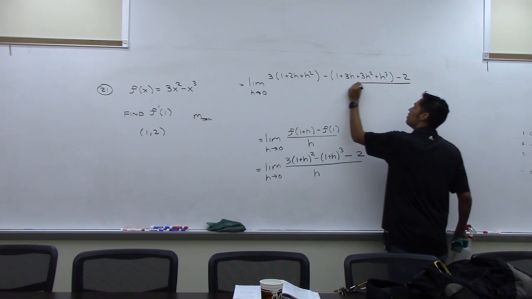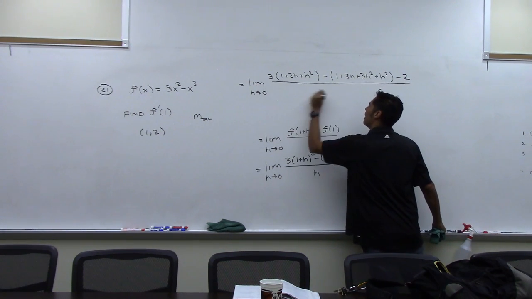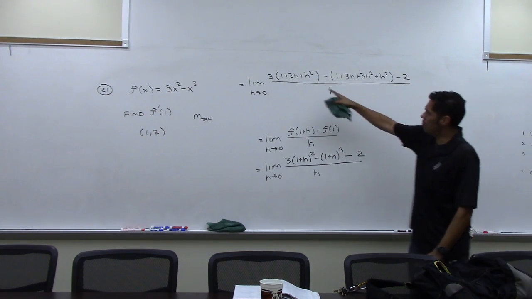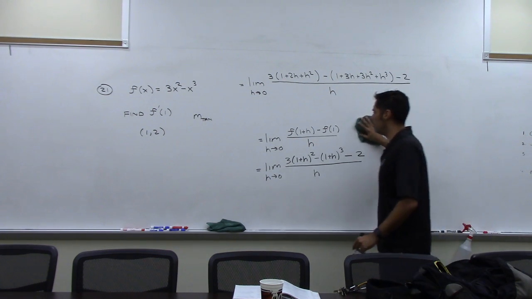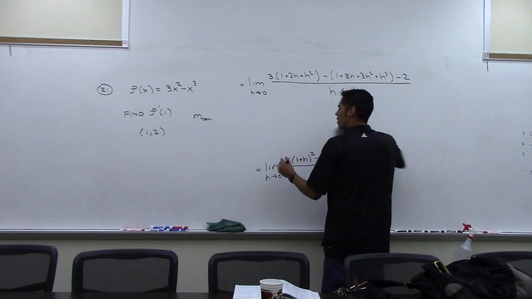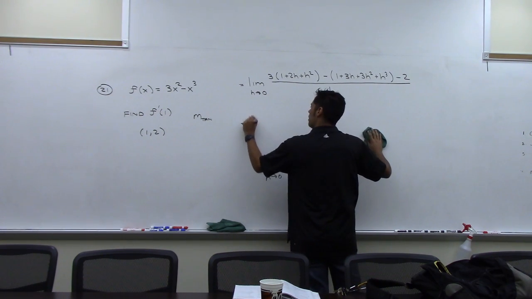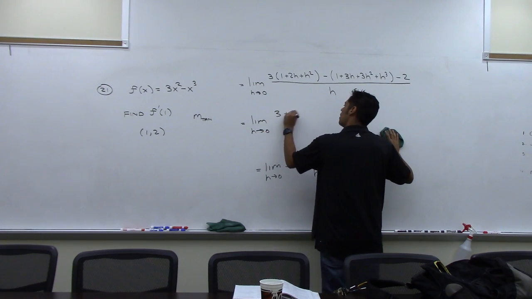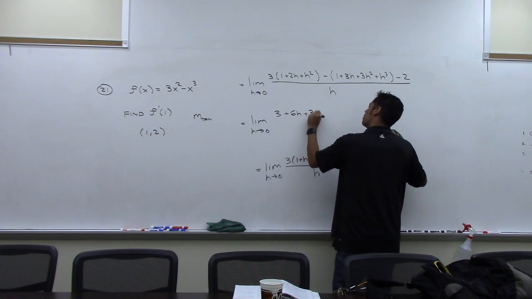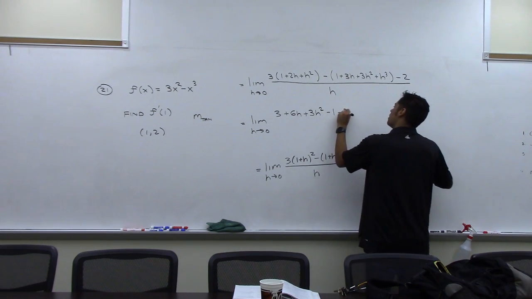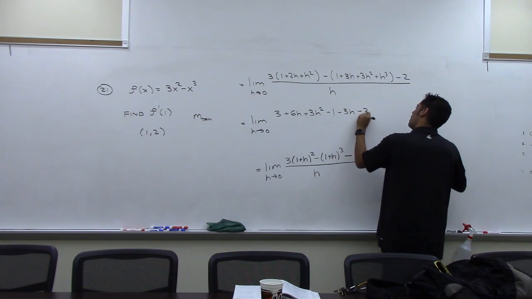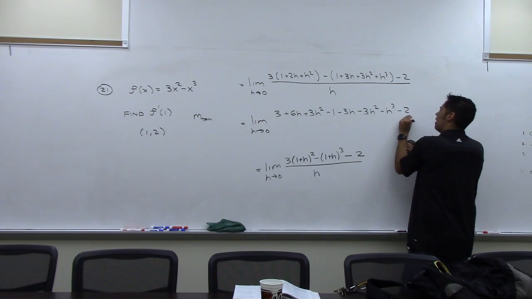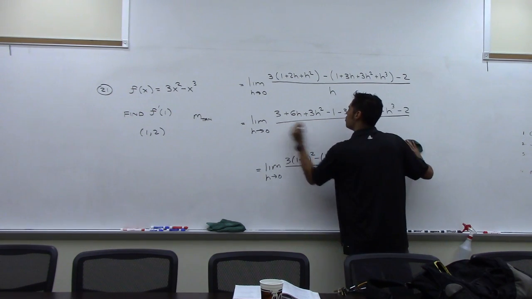Then all of this over h. I'll distribute the 3 through, I'll distribute the negative sign through, and I'll clean it up. So limit h goes to 0, 3 plus 6h plus 3h squared minus 1 minus 3h minus 3h squared minus h cubed minus 2. And then all of that over h.